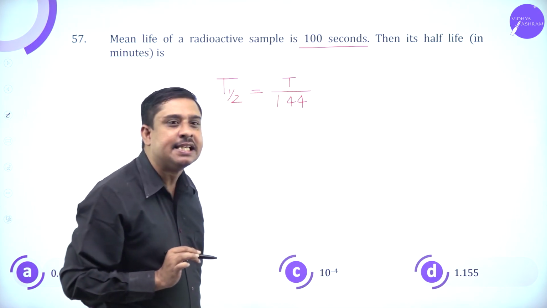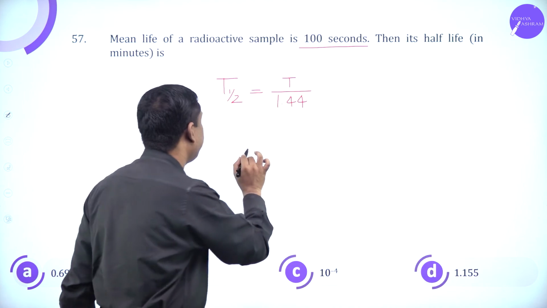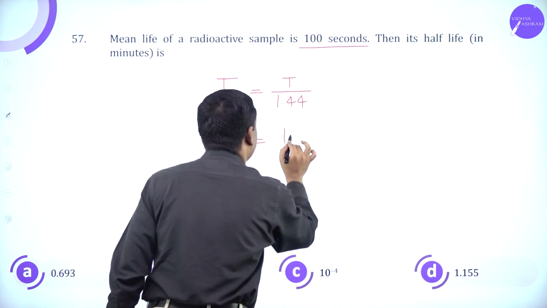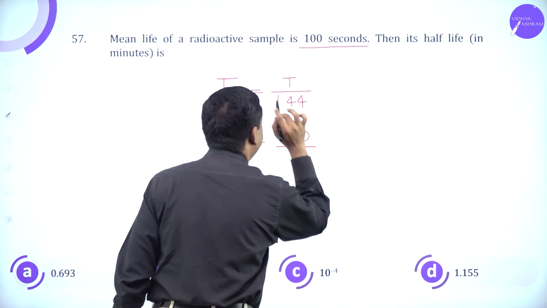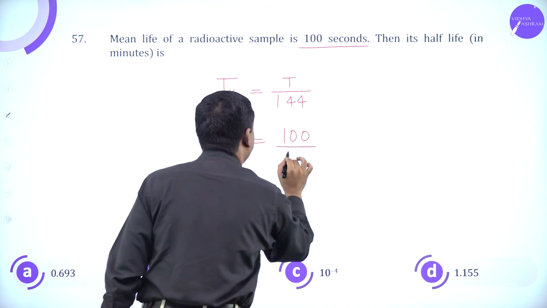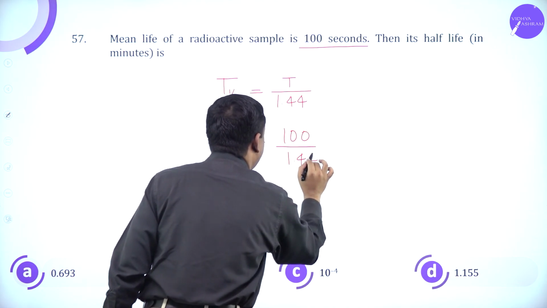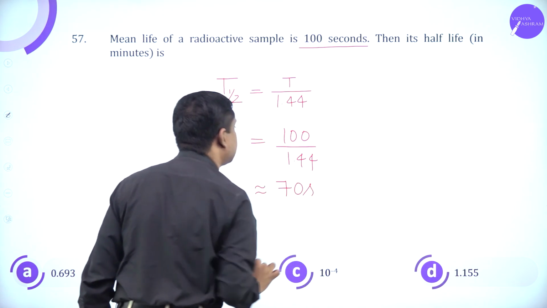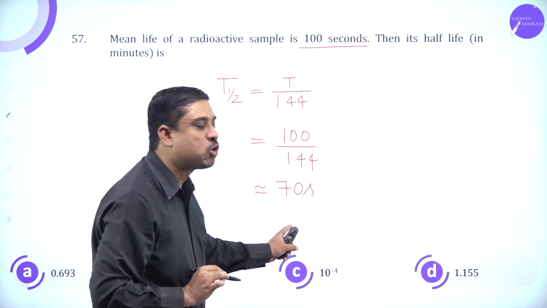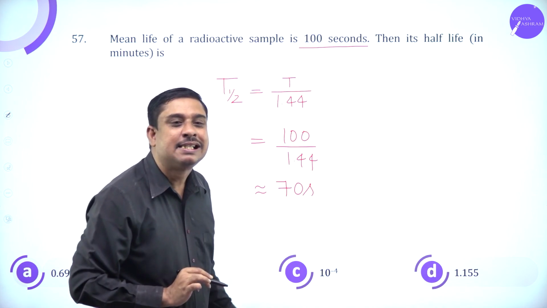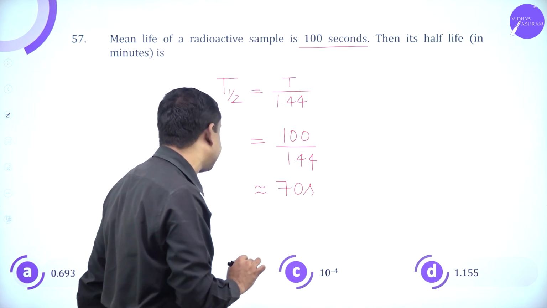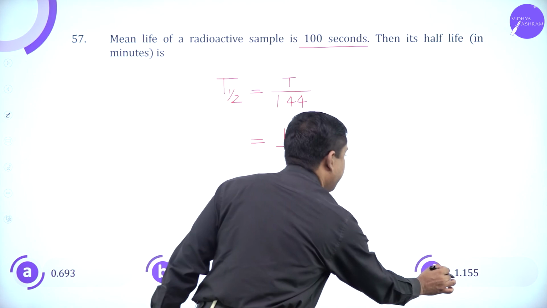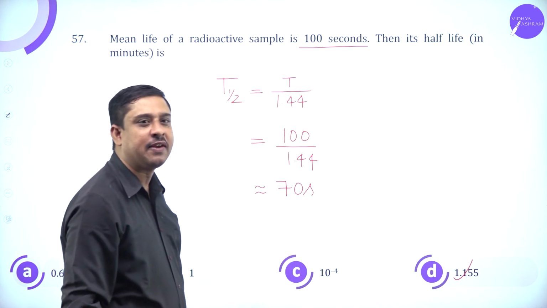Half-life and this is mean life. So this is 100 divided by 1.44, approximately 70 seconds. But this has to be converted into minutes. 70 divided by 60, nearly 1.155 is the answer.